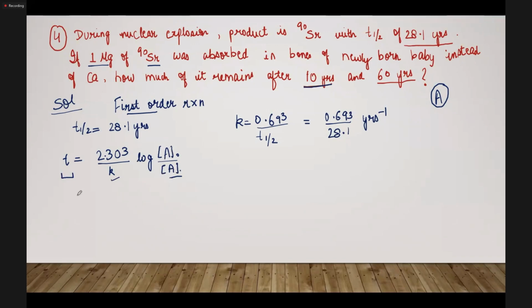So let's see what happens. Here we will put 10, 2.303. K will be 0.693 into 28.1 will be log. Here you put 1, that's it. And here A. Okay, so you know, because it's 1 upon A, this will become minus.